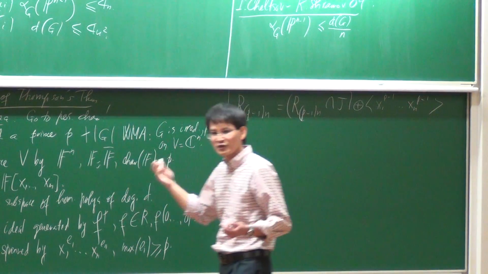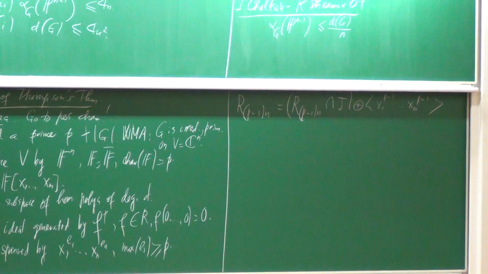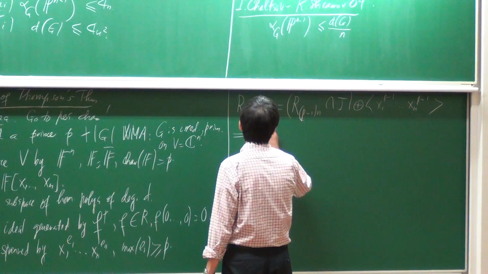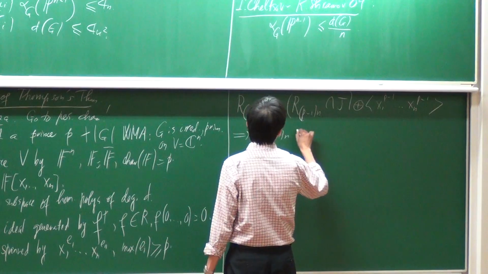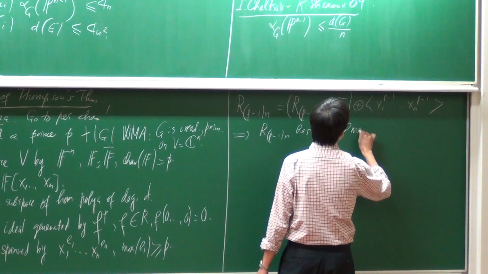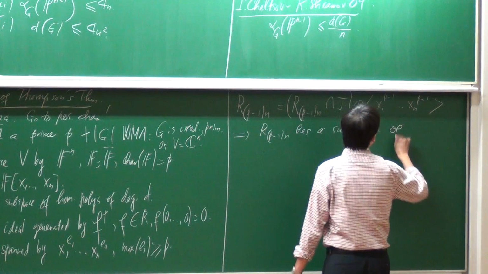It's not a submodule, but it's just a complement like a subspace. But the point is that this shows that R has a submodule of dimension 1.